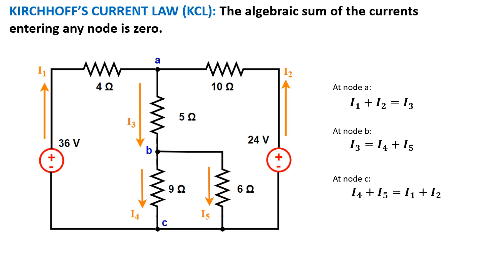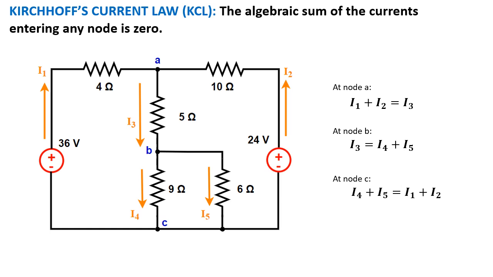For node C, this part right here can be considered entirely as node C. We can say that I4 and I5 are entering this part, so the sum of currents entering, I4 plus I5, is equal to the sum of currents leaving, I1 and I2.